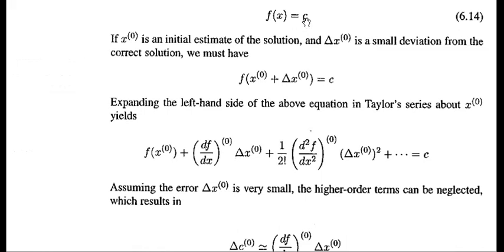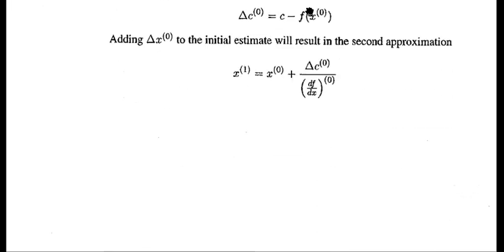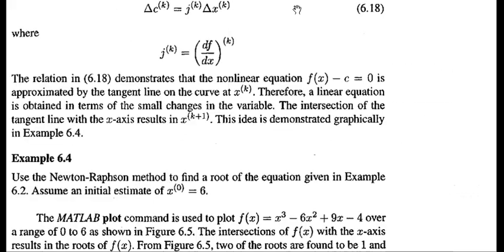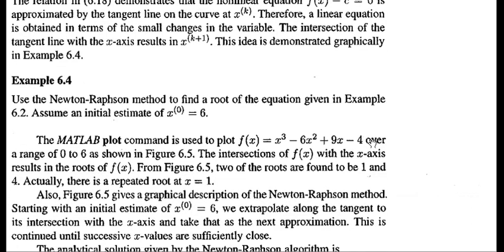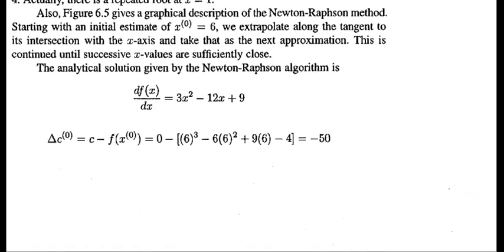If the function has some equational response, C will be the 0 response for that equation, the given nonlinear equation like fx minus C is 0, so C will be the other part, which is 0 for the other side if there is nothing else. So this is the general format to consider C minus fx of the initial value.